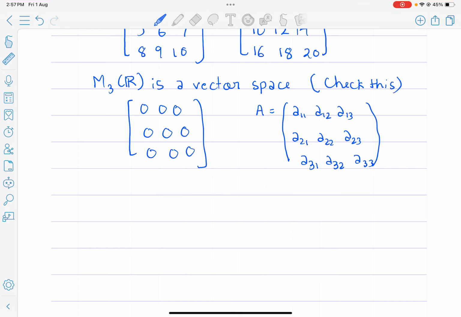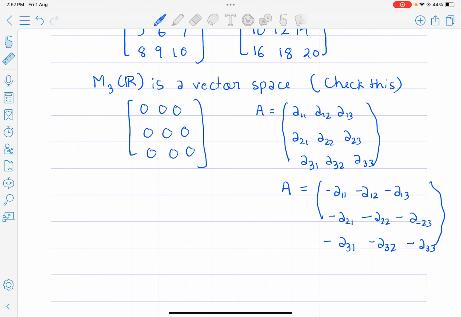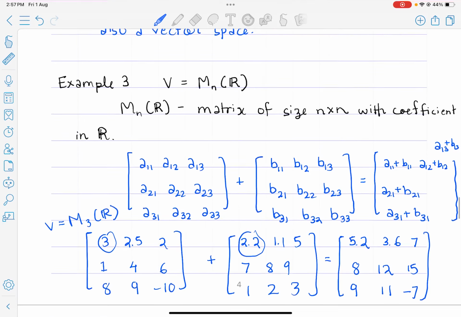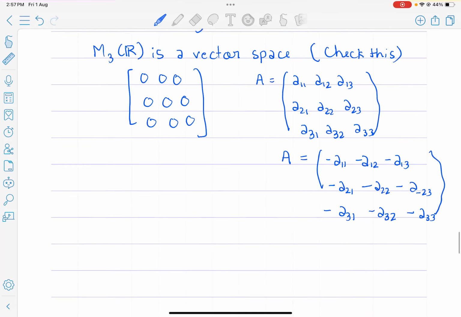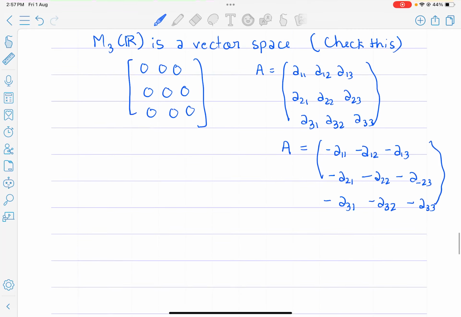Its additive inverse is this one: minus A11, minus A12, minus A13, minus A21, minus A22, minus A23, minus A31, minus A32, minus A33. So this is example 3. You check the other examples.